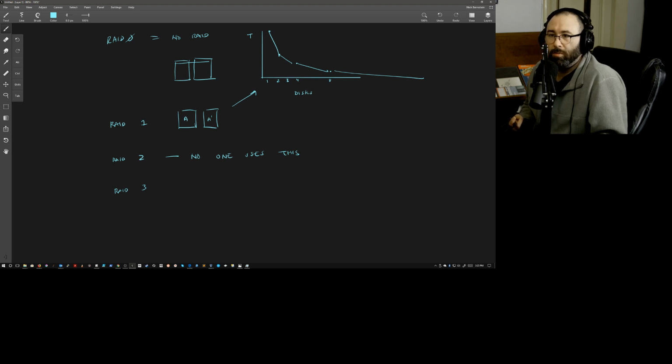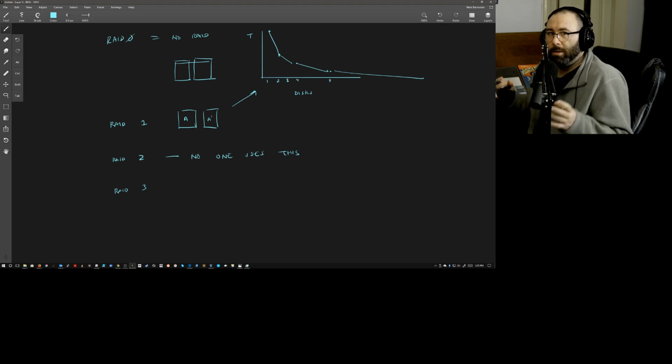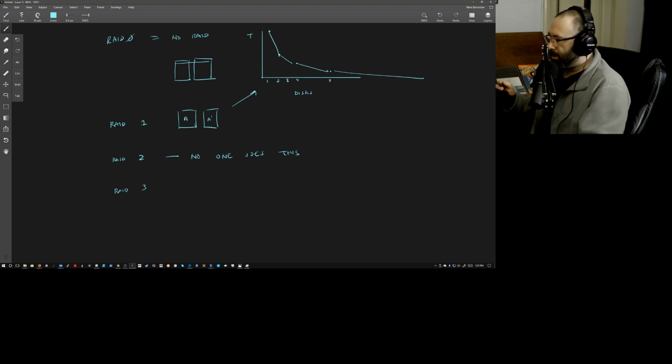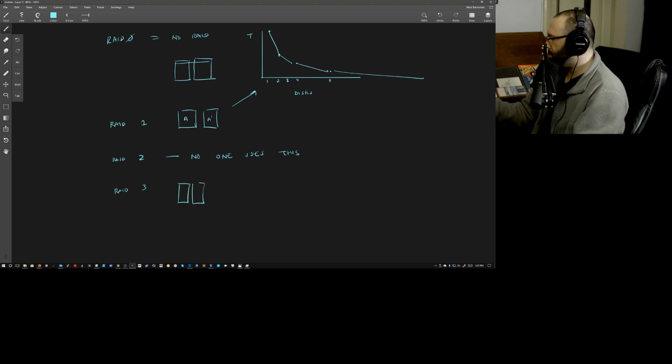When you're mirroring, you have 2 copies of your data. So it's not a very cost-efficient way to protect your stuff. It works, it's pretty nice, but it's going to be more expensive. So with RAID 3, we can have 3 drives.